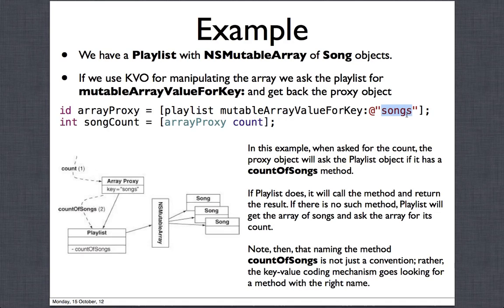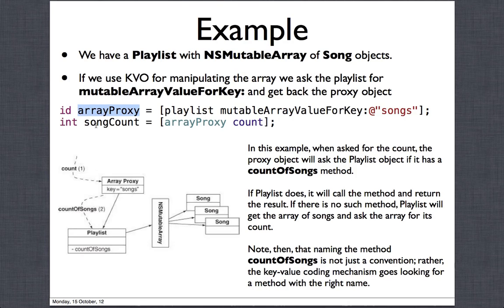We know that the name is songs, and we get another object in return. We don't get the array itself. We get the array proxy, which is like an agent for that array. And after, if we want to talk to this array, we have to talk to its agent first, and the agent will talk to the array and get something for us.